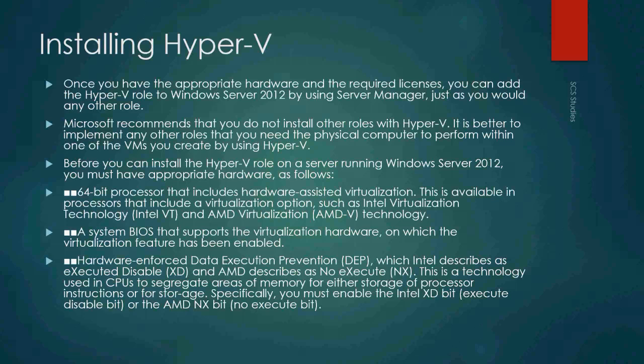Before you can install the Hyper-V role on a server running Windows Server 2012, you must have appropriate hardware as follows. So before installing the Hyper-V role, you should have the below hardware spec: a 64-bit processor that includes hardware-assisted virtualization. So your processor should support virtualization.